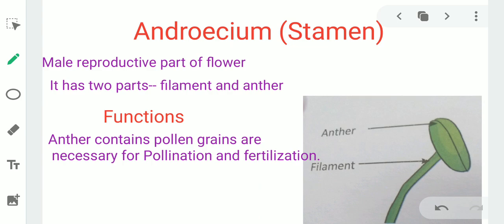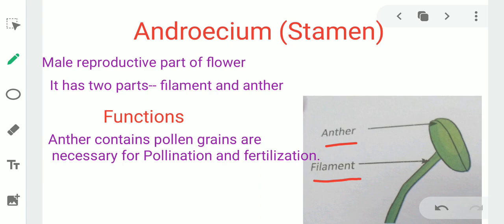Next part is androecium. It is also called stamen. It is the male reproductive part of the flower. Further, it has two parts, filament and anther. Filament is a tube-like structure. Anther is a sac-like structure.